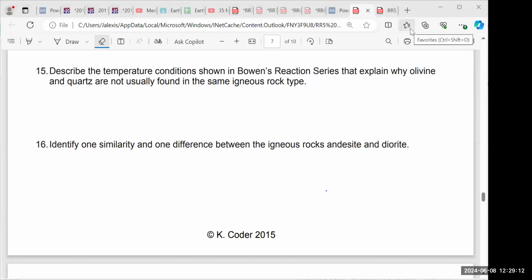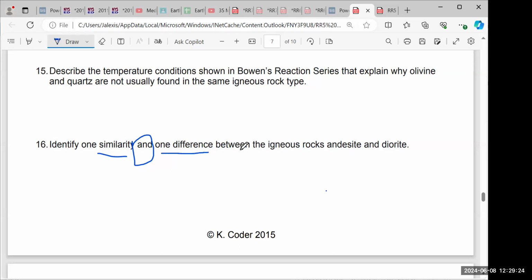All right, number 16. So number 16 says, identify one similarity and one difference between the igneous rocks andesite and diorite, okay? Now, in this case, they're not telling us to find the similarity or difference based on the Bowen's reaction series, based on this diagram.